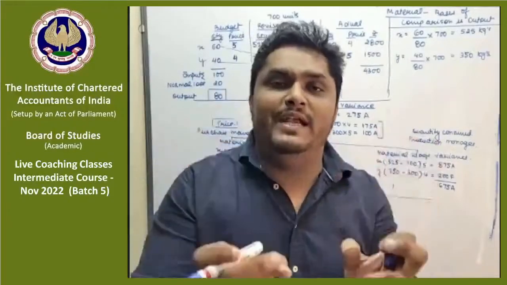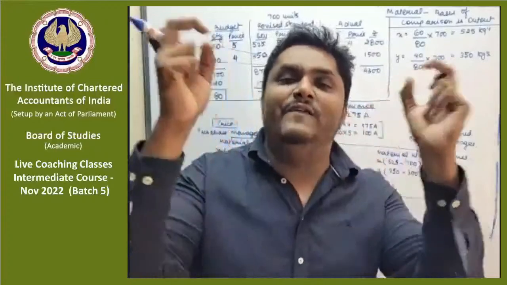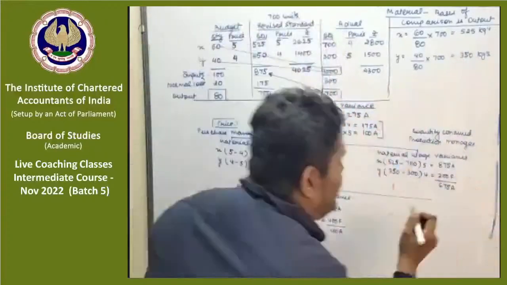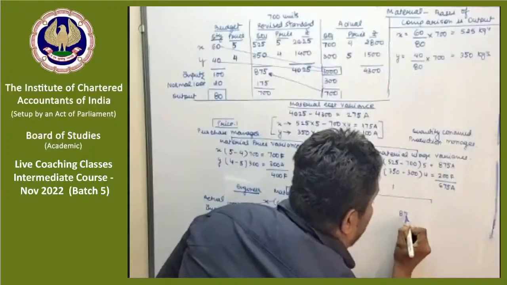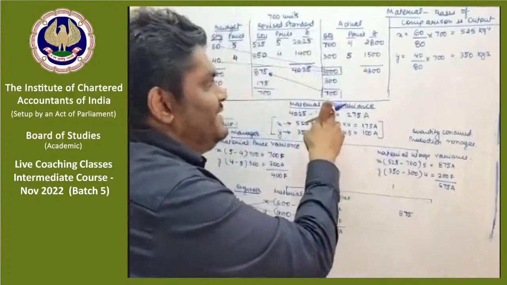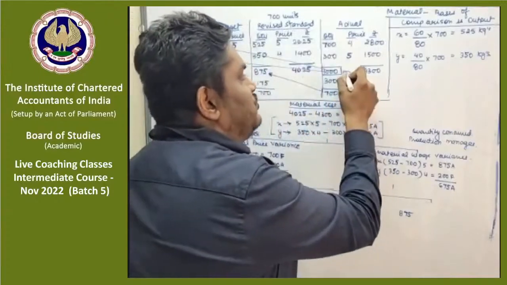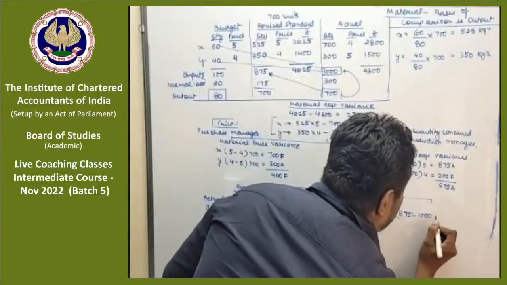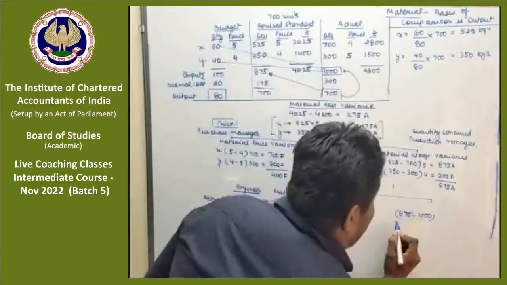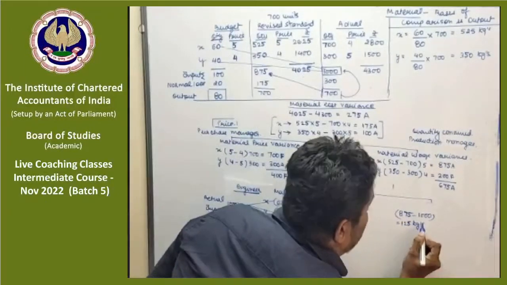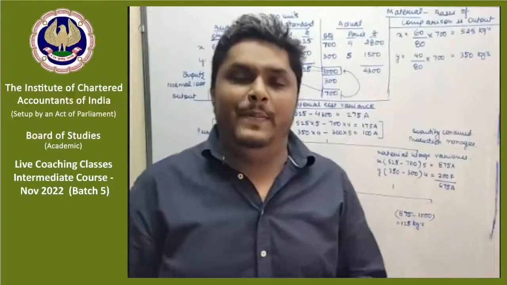It means, I repeat again, 875 kgs of input should be used to manufacture 700 units of output. But for manufacturing these 700 units, we actually used 1000 kgs. It means 125 kgs extra we used.